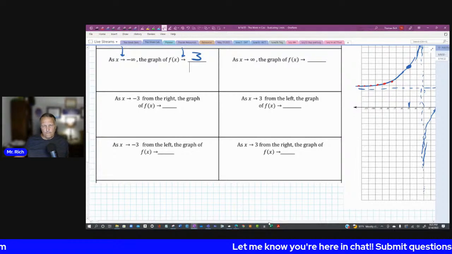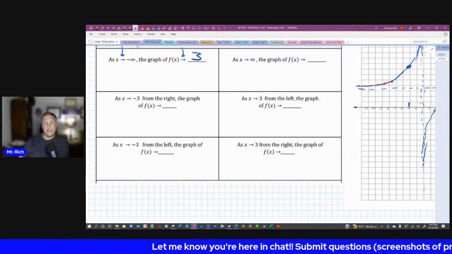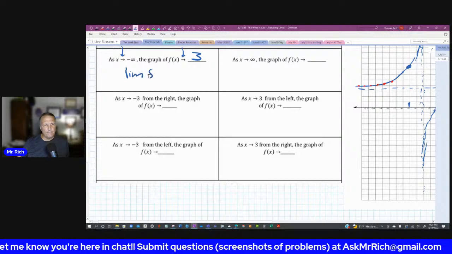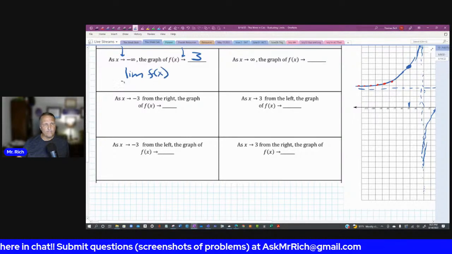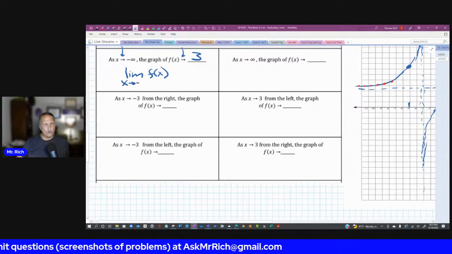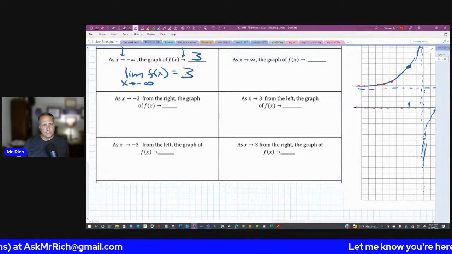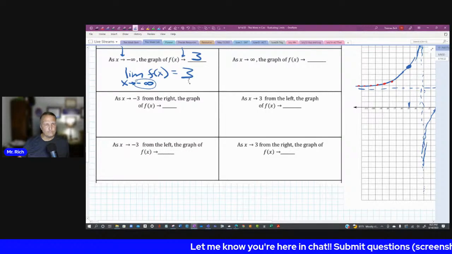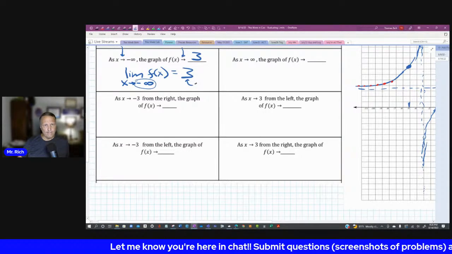And how we would write that as a limit is this, class. Watch, I would say that the limit of my function f of x as x approaches negative infinity is a positive 3. All right, so this is my x value, and this is the y value.